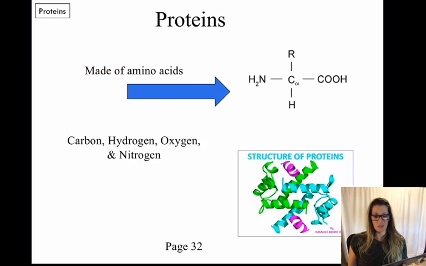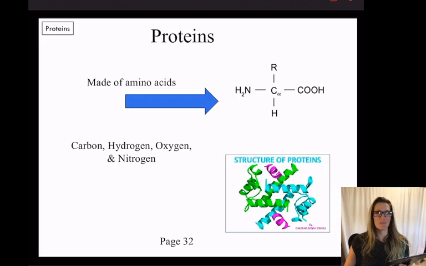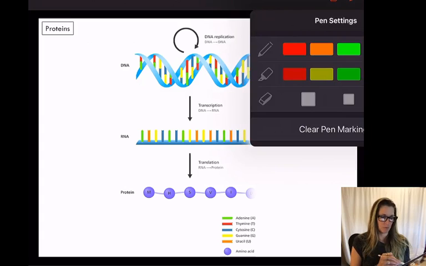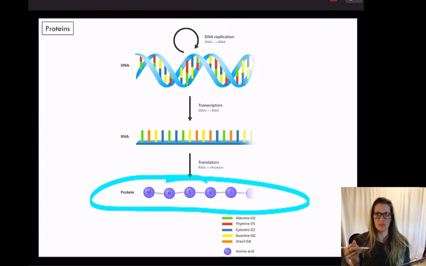What actually is a protein? A protein is made of amino acids. Hang on, I'm going to see if I can get my colors working. Okay, fixed it, I think. So if you look here, what you see is this chain of little balls, and those little balls represent amino acids.